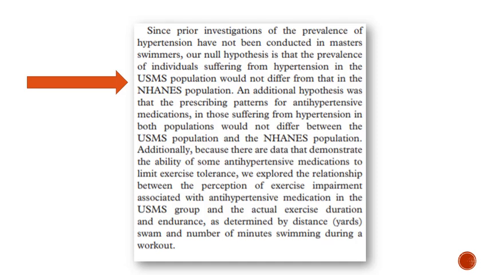So, of course, the null hypothesis being the one that you don't think is going to occur, obviously, they're going to be thinking the alternative hypothesis that those master swimmers would have a significantly different blood pressure. And they then list some of the additional hypotheses there related to potential medication use.